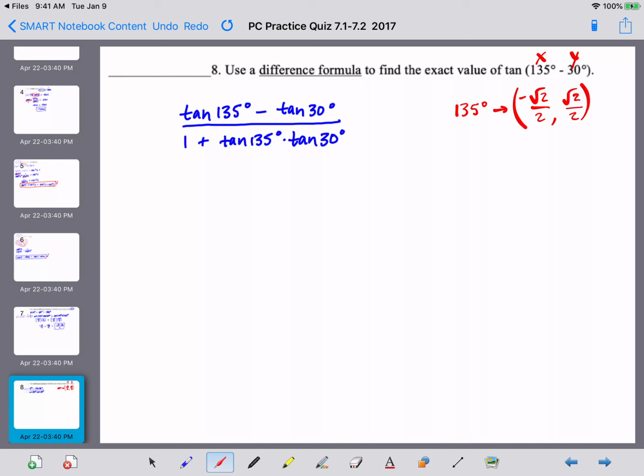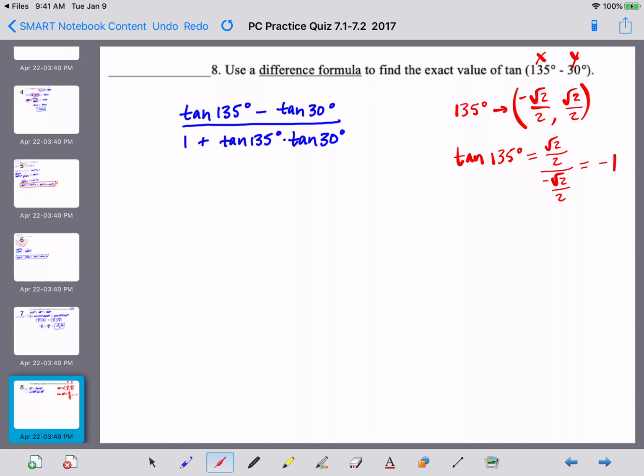So if we wanted to find the tangent of that value, we'd have to do our y over our x. So tangent of 135 is going to equal root 2 over 2 over negative root 2 over 2. So that actually just ends up being negative 1.